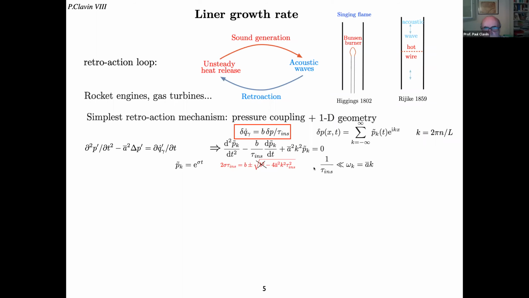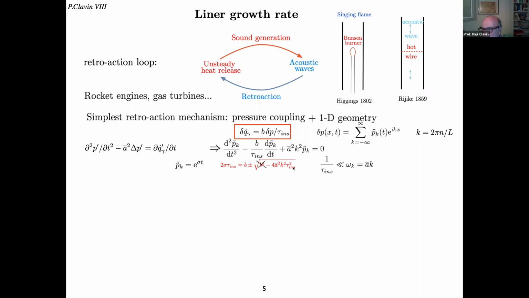Here is the solution. Now work in the case where this AK is the square of the frequency, the acoustic frequency, and this acoustic frequency is large compared to this number that characterizes the coupling between the pressure and the heat release.